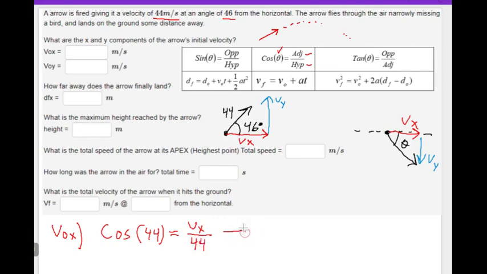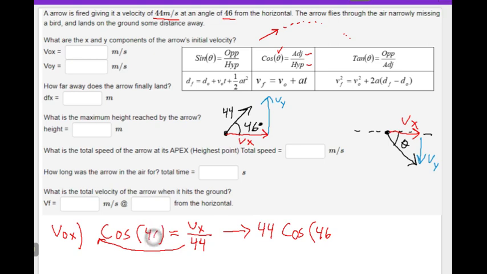To solve for that, I'm going to go ahead and multiply 44 over to the other side. So I end up with 44 times cosine of 46. My mistake, I wrote 44 for the angle there. So this angle should be 46.